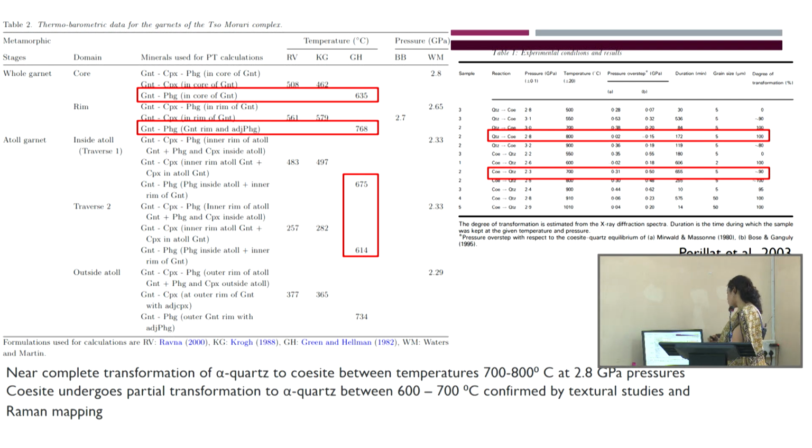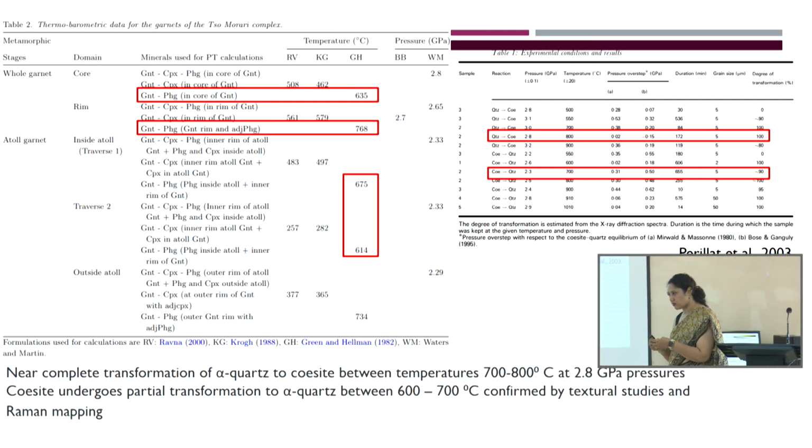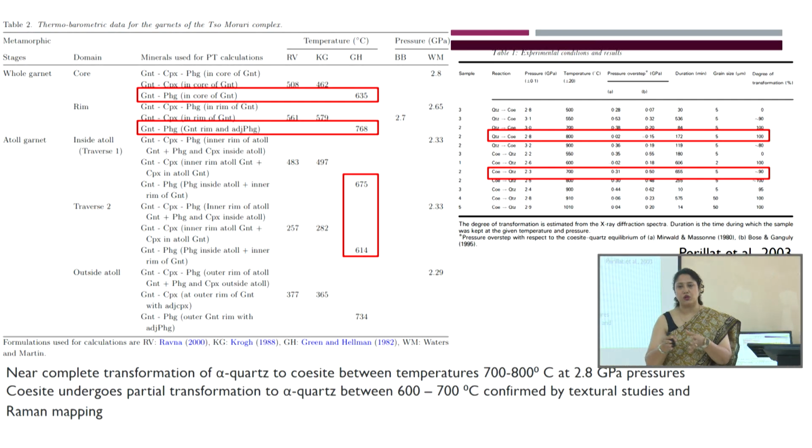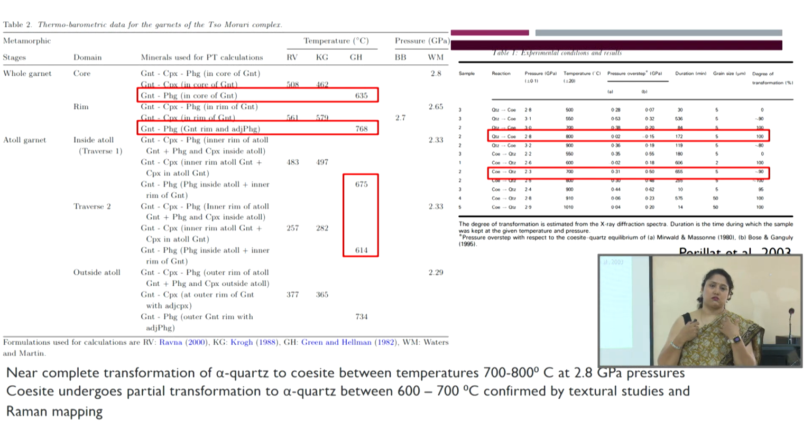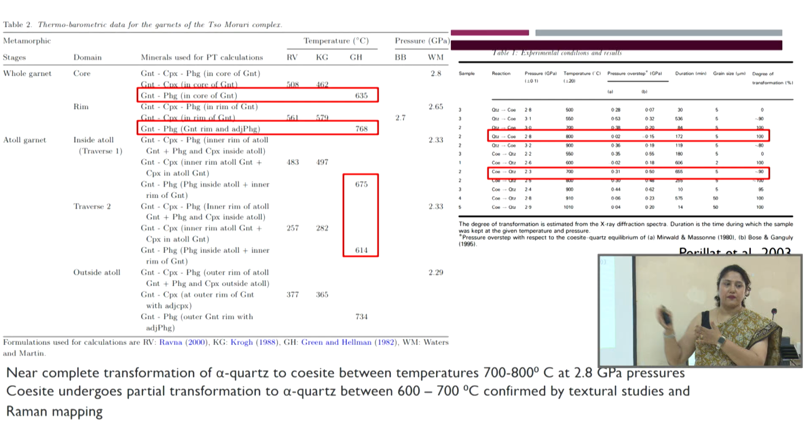And again the retrograde transformation of coesite to quartz happened at 2.3 GPa pressure and the temperature was somewhere around 700. So that also matched with our values of 675 and 2.3 GPa. So that gave us a fair understanding that maybe we are on the right track, especially with these temperatures. But of course, there was no way to confirm it other than this.